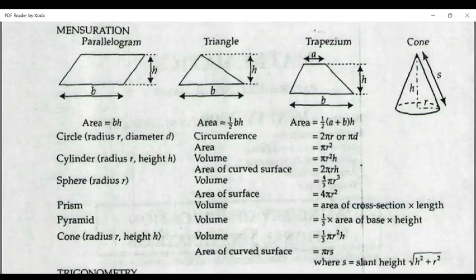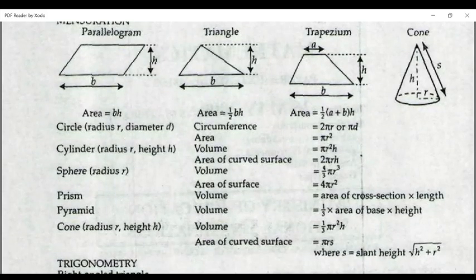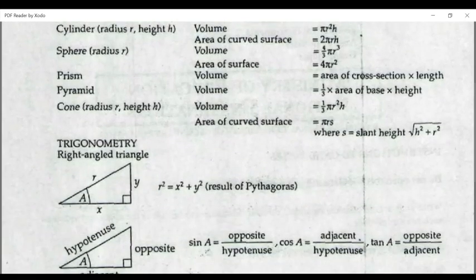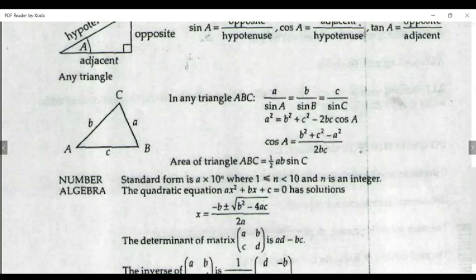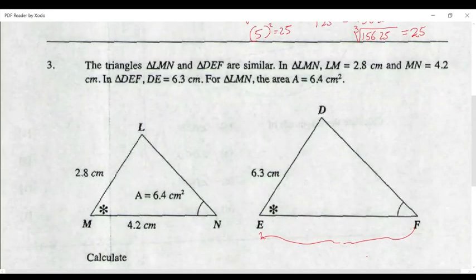So if I come back to my equation here, in order to find the area of a triangle, you just need half BH. The alternative to this would be to use the 1/2 AB sine C, but you have to know an angle to do this.